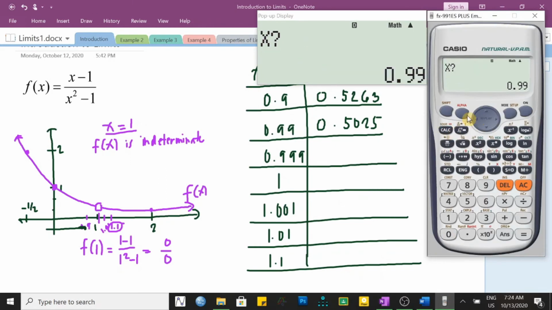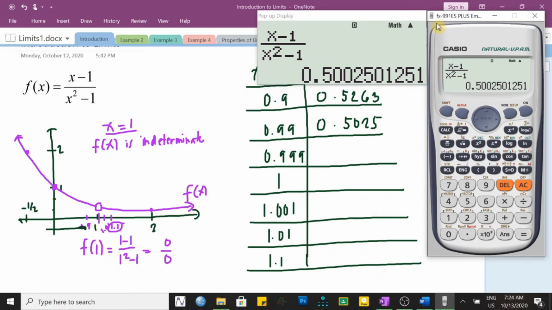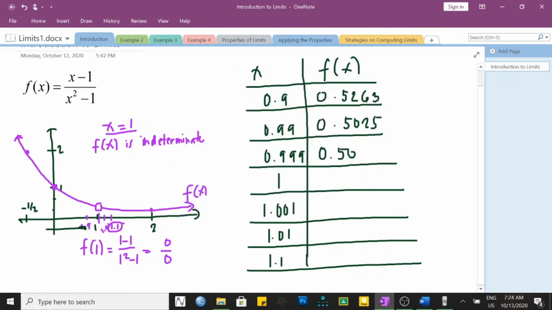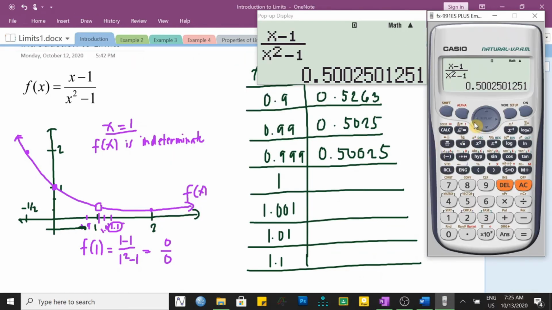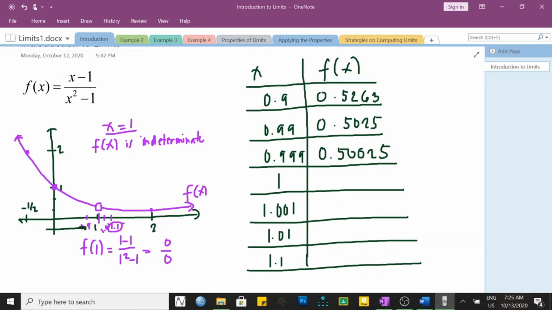Repeat the process for 0.999: 0.50025. We do the same for x equal to 1.1. So we have 0.4762.